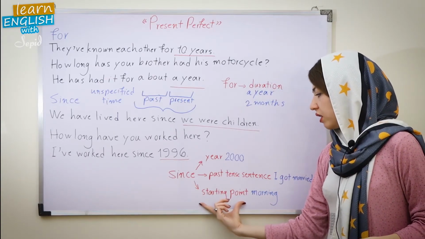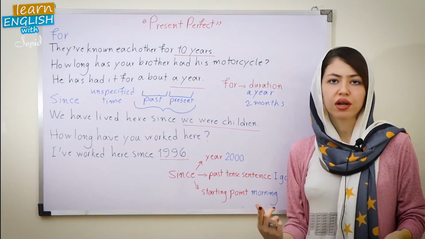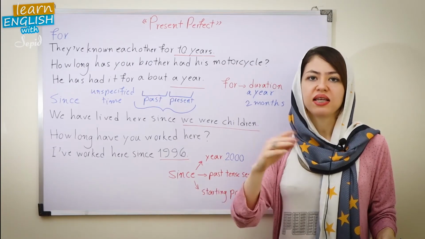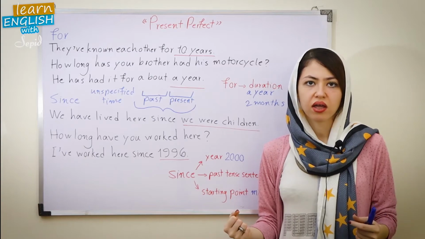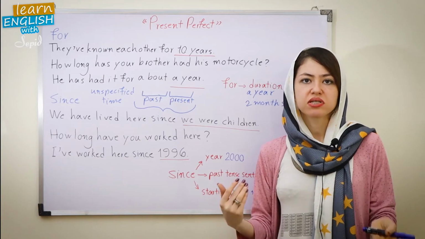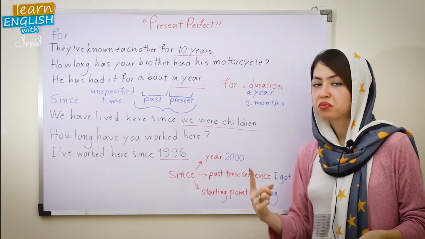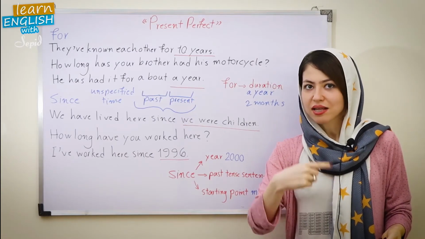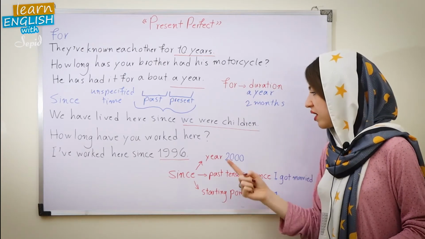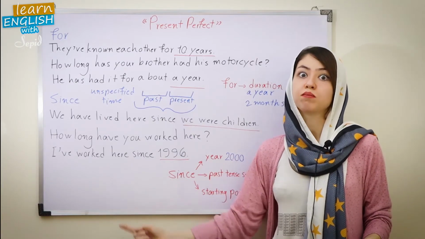Since can be used along with the starting point, okay? For instance, morning. Since morning, I've cleaned my room, okay? Or since morning, I've studied. But this one is normally used with present perfect continuous. On the next part we are going to analyze it much more. But these two are common with the present perfect simple.